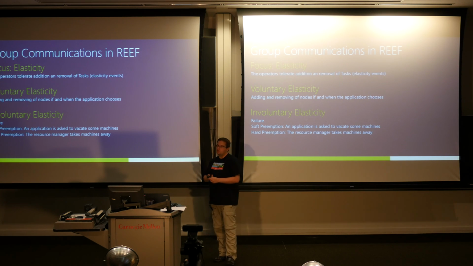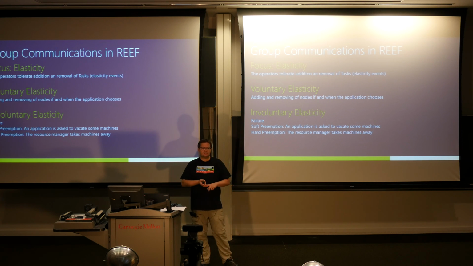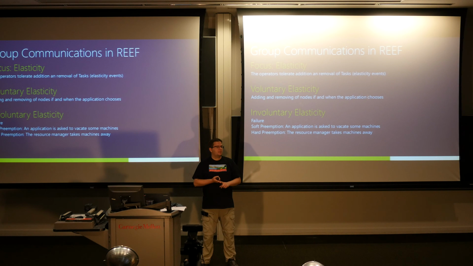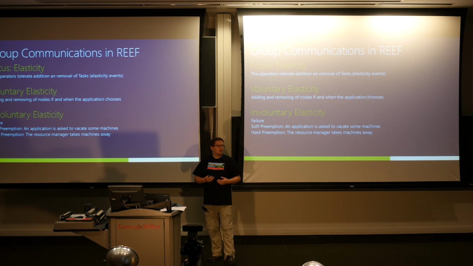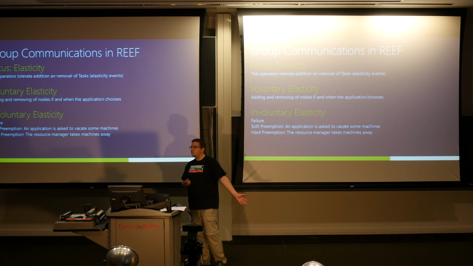There are two ways in which the resource manager might tell you about this. The first case is soft preemption, where you get a message from the resource manager telling you, hey, please vacate those 5 containers, or please vacate a total of 100 containers of a certain kind. And then you have choices. You can decide to give up on the data that your active learning method tells you is not that interesting in the first place.